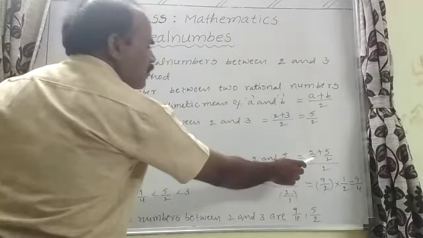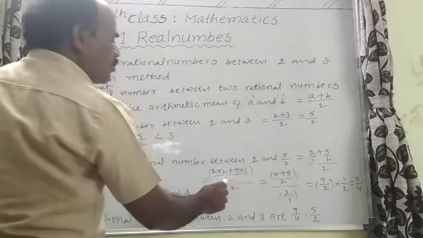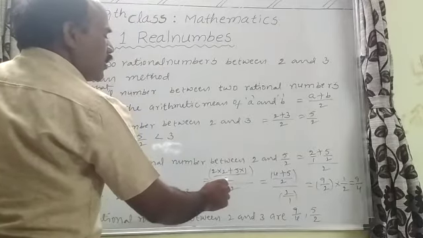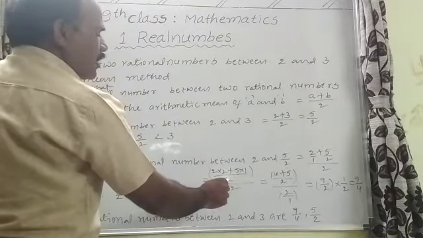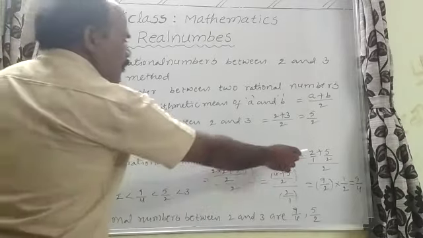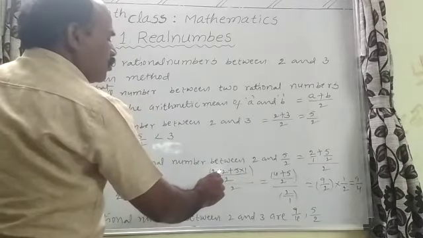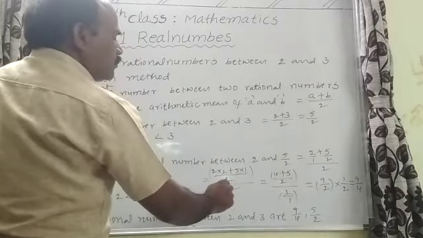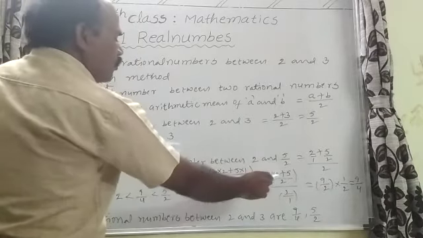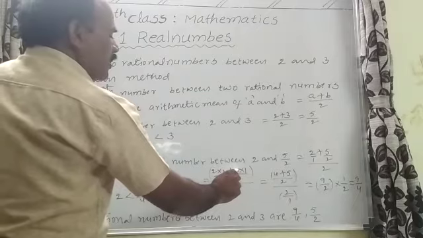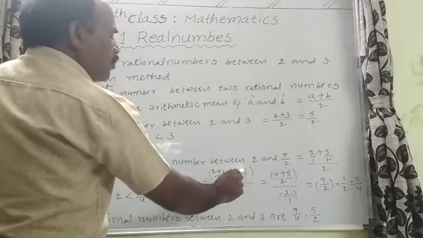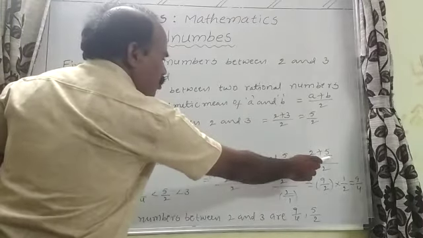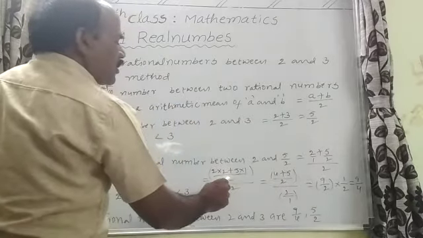Find the LCM of 1 and 2, which is 2, taken as the denominator of the fraction. The numerator is 2 into this denominator divided by 2, that is 2 into 2, which is 4. Here the numerator is 5 into this denominator 2 divided by the denominator 2.